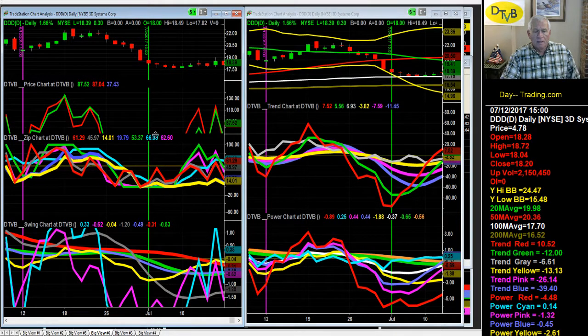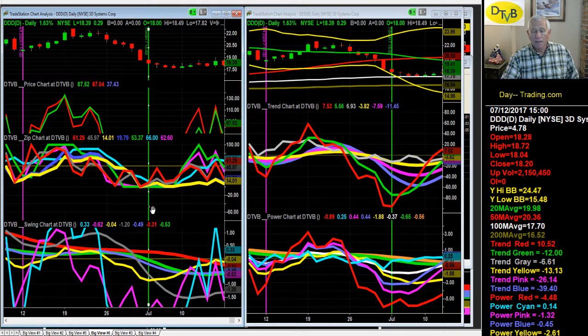Now, also in this relationship, what I haven't talked about is I want to mention the swing gray line. In the swing gray line, remember the swing gray is our deep cycle line, and it tells us a lot of information. On the pink vertical line, it is above zero and going down. It doesn't have as much power to drive the price down when it's above zero as it does when it's under zero, like on the green vertical line.